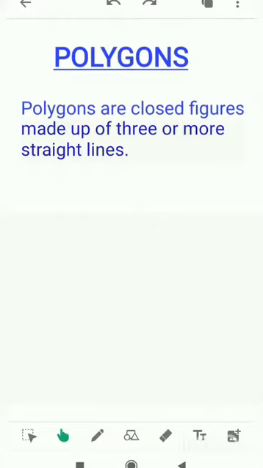Polygons are closed figures made up of 3 or more straight lines. We were discussing triangle, quadrilateral, pentagon and hexagon. There are many other polygons. Let's take a look at them.